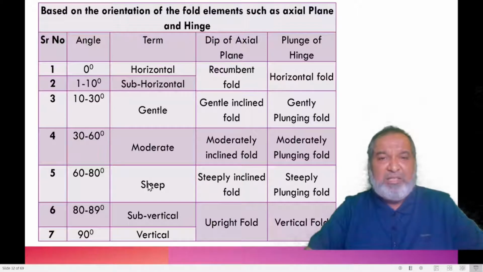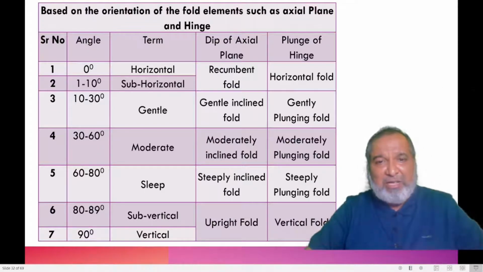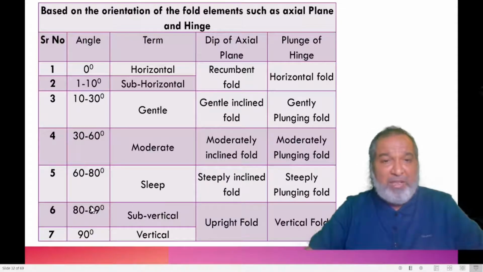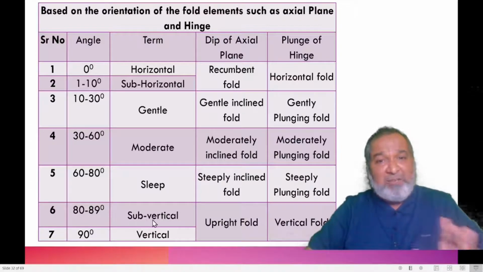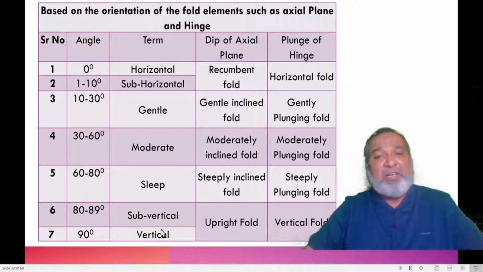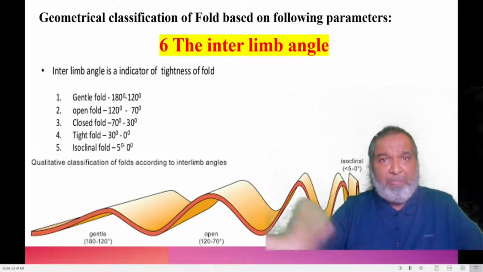There is a mistake here: I have typed S instead of T. Steeply inclined fold, steeply plunging fold. 80 to 89 degrees, sub-vertical. And at 90 degrees, it is vertical, called an upright fold or a vertical fold.